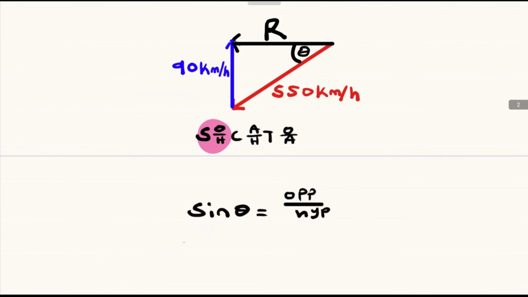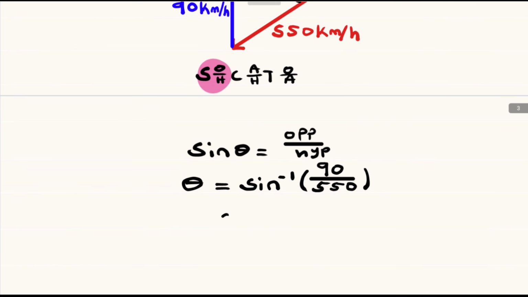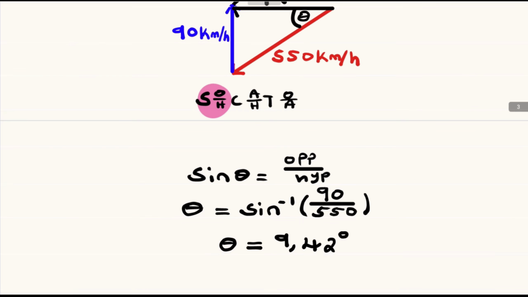So our theta will be equal to the arc sine of the opposite. The opposite is the 90 kilometers per hour and the hypotenuse is the 550 kilometers per hour. And our theta will be equal to 9,42 degrees, and we have to define the bearings.